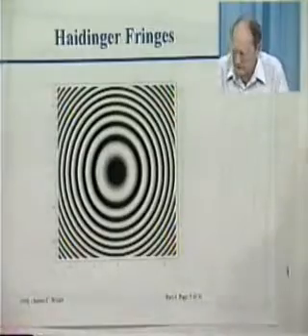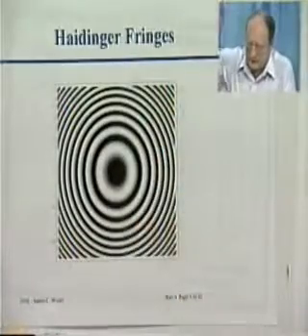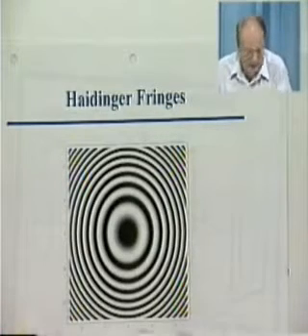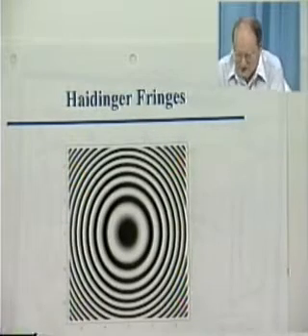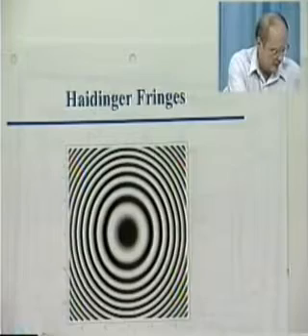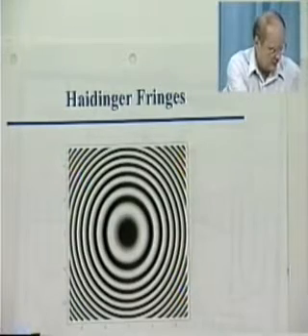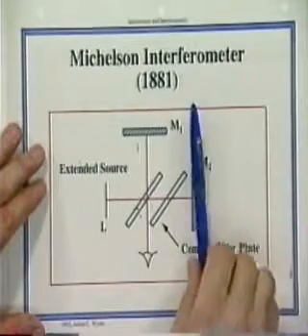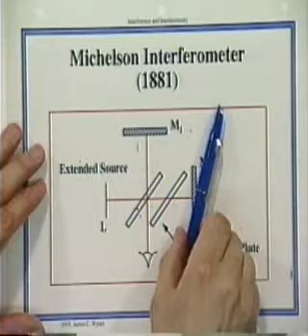Well, these are fringes of equal angle, Haidinger fringes. There's another way that we can get fringes here, and that is, let me go back to that drawing. What we're going to do now is take this, and instead of moving it in and out, we're going to tip this a little bit.